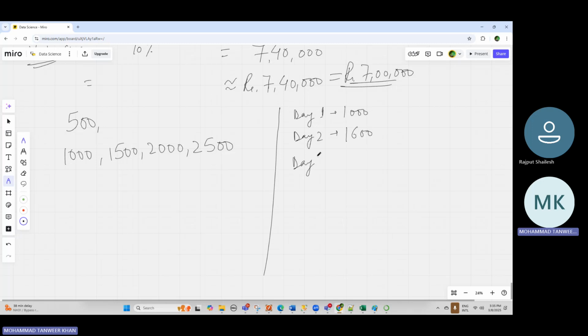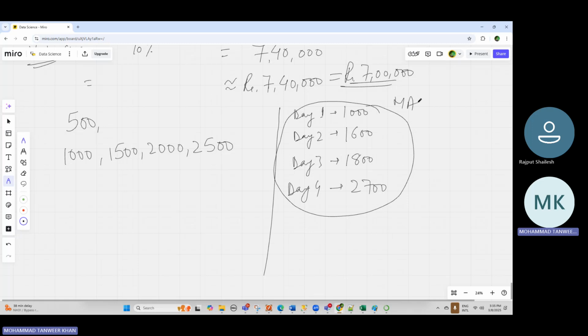Day three the sales was maybe 1800. Day four it was 2700. Now, if you compare this one, this is the actual data of previous month, maybe the month of March.